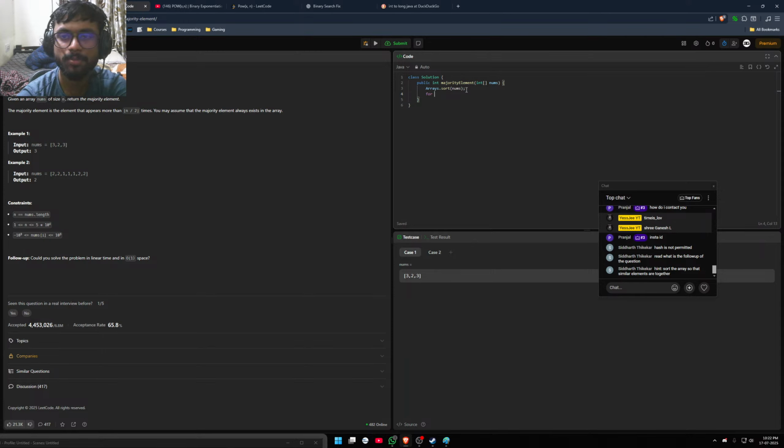So should we for loop it? i equal to 0, i less than n by 2. Let's just say n by 2. No, n by 2 is enough, I think. i plus plus. Oh no, n by 2 should not come. It's n only.